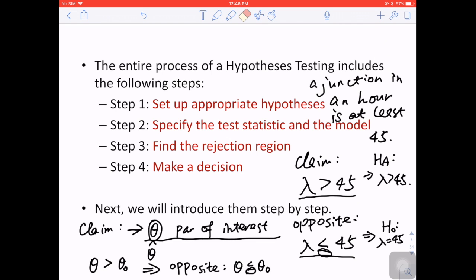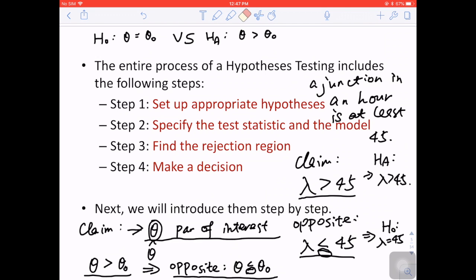So my null hypothesis is theta is equal to theta 0, versus, since you have taken the opposite side as your null hypothesis, the opposite side of the opposite side, which is your original claim, will be your alternative hypothesis.